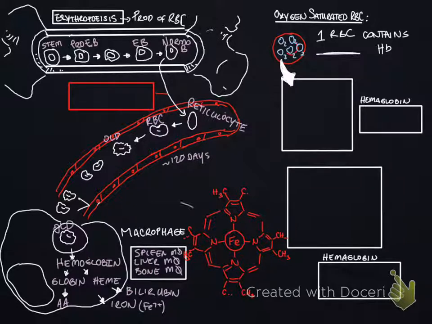So here I have the chemical structure of hemoglobin. Hemoglobin is abbreviated as HB. Next I want to talk about oxygen saturation. So one red blood cell can contain millions of hemoglobin. All right? And that hemoglobin is where oxygen is found.